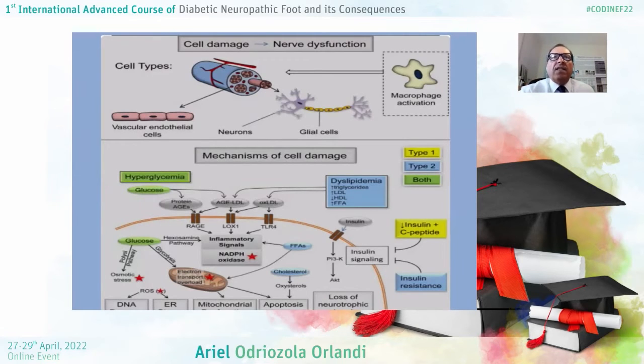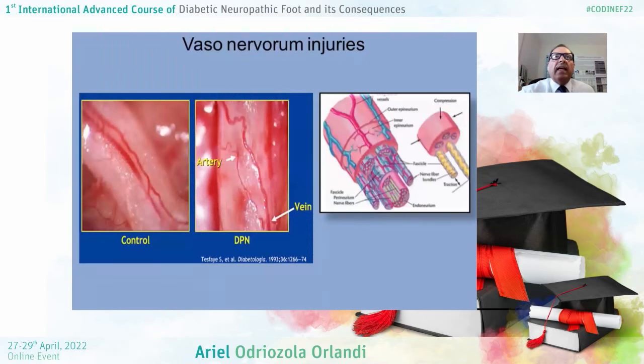Here you can see the vasoneural injuries. Look at this picture: in the control on the left, the arterial vessel has a very thick wall, and near to it is the vein.